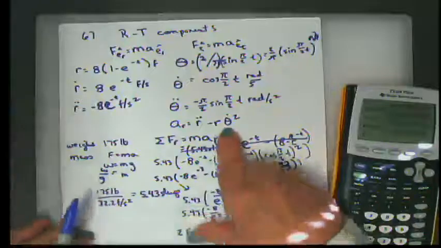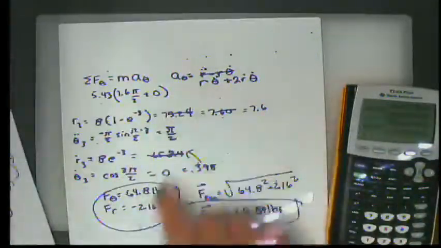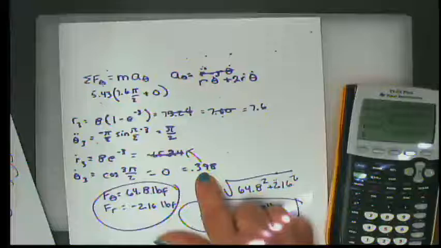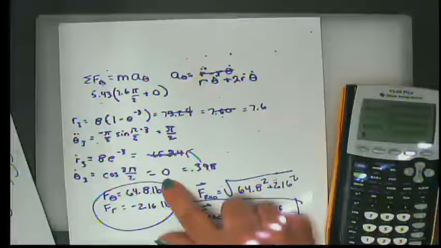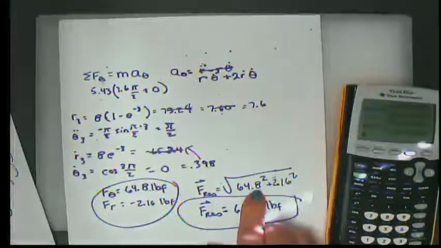So I need to take that, that's my r value, and I need to multiply it by my theta dot quantity squared. And my theta dot is 0. It's the a sub r, a sub theta. Oh, here we go. See, my work is too messy to follow.